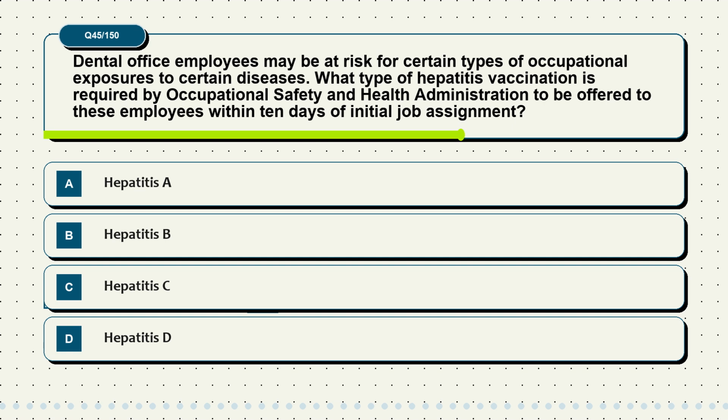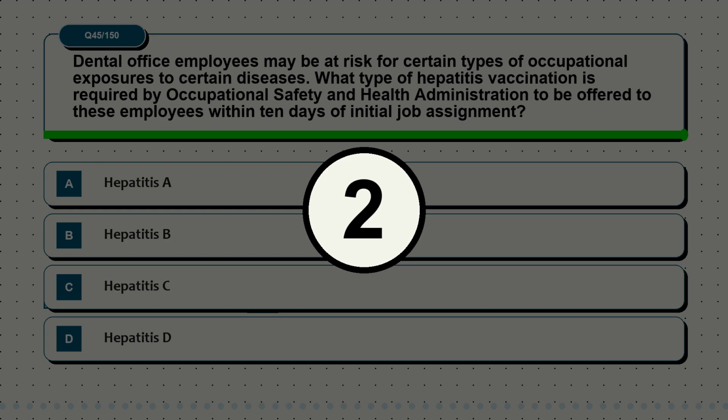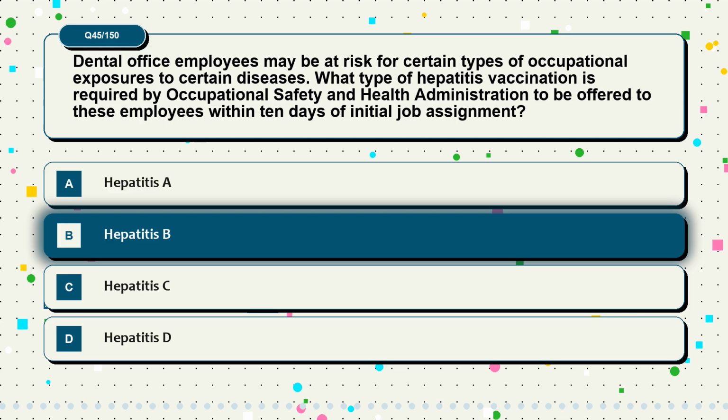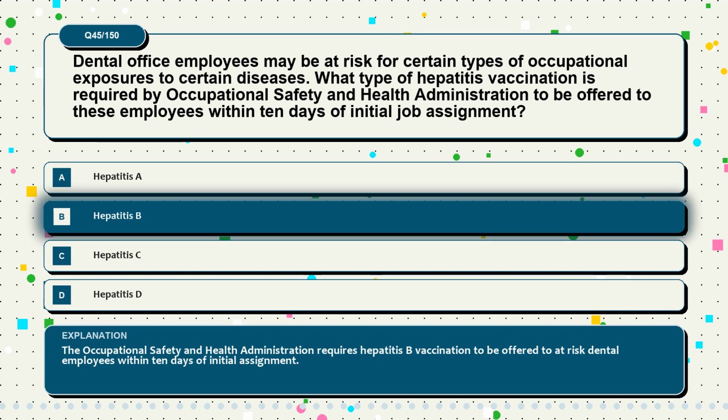Option A, hepatitis A. Option B, hepatitis B. Option C, hepatitis C. Option D, hepatitis D. The correct answer is option B, hepatitis B. The Occupational Safety and Health Administration requires hepatitis B vaccination to be offered to at-risk dental employees within 10 days of initial assignment.